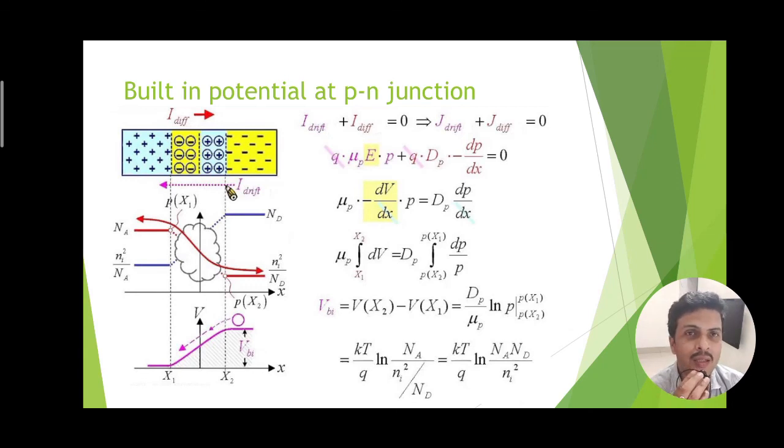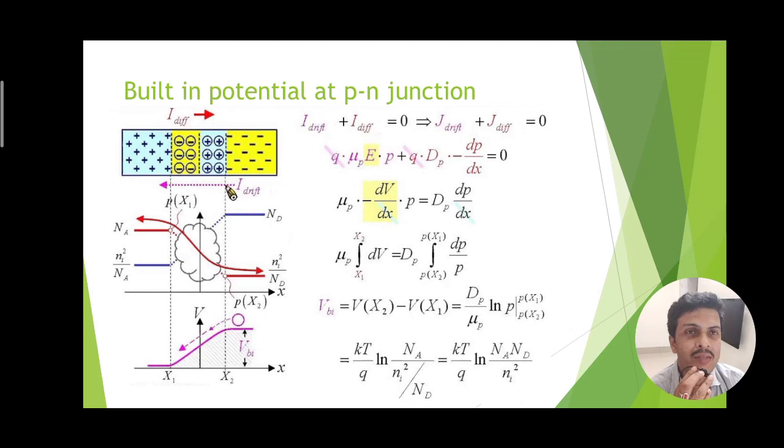Because if you see the PN junction, the middle figure on the left hand side, the slope is negative if we move from left to right. So that is why minus dp dx is taken. So these two summation is equal to 0. Therefore, we can easily write mu p into E into p is equal to Dp into dp dx.